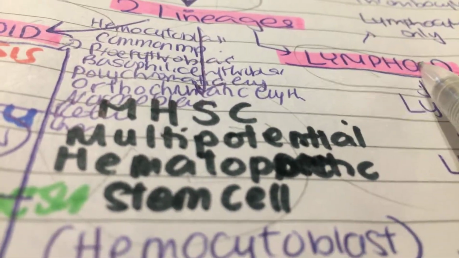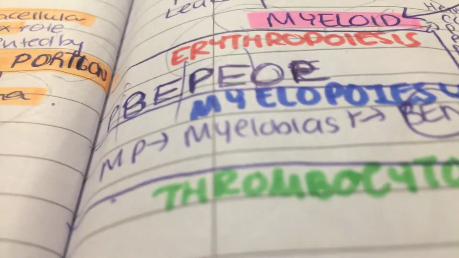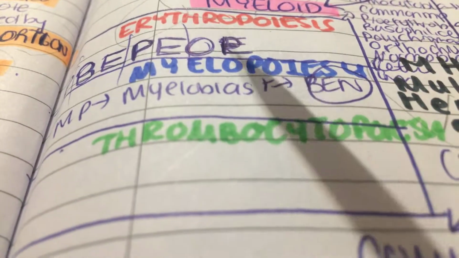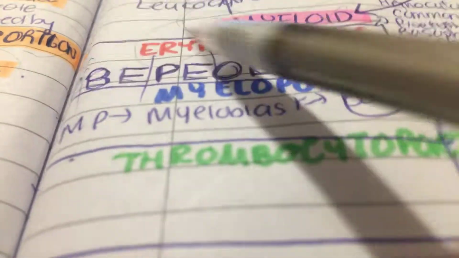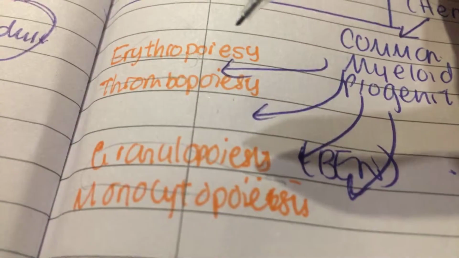Lymphoid lineage is only for the production of lymphocyte cells. Myeloid lineage is for the production of everything else: erythrocytes, thrombocytes, granulocytes, monocytes. Okay?